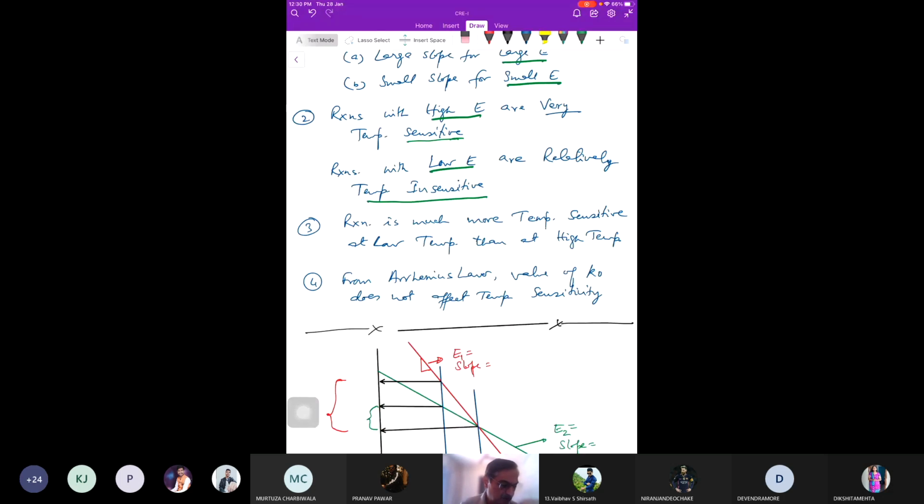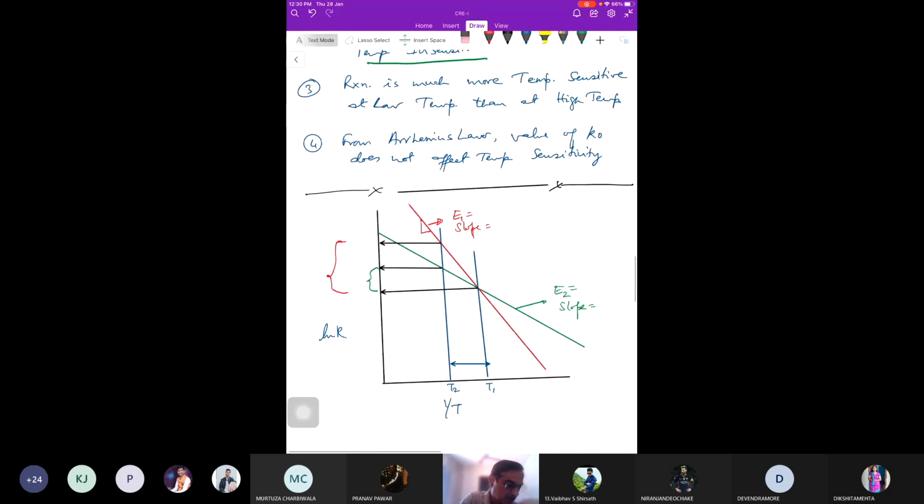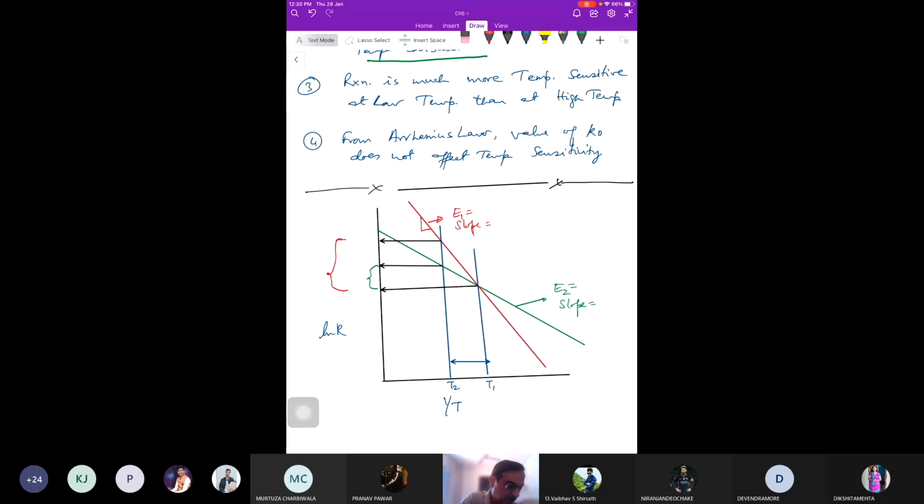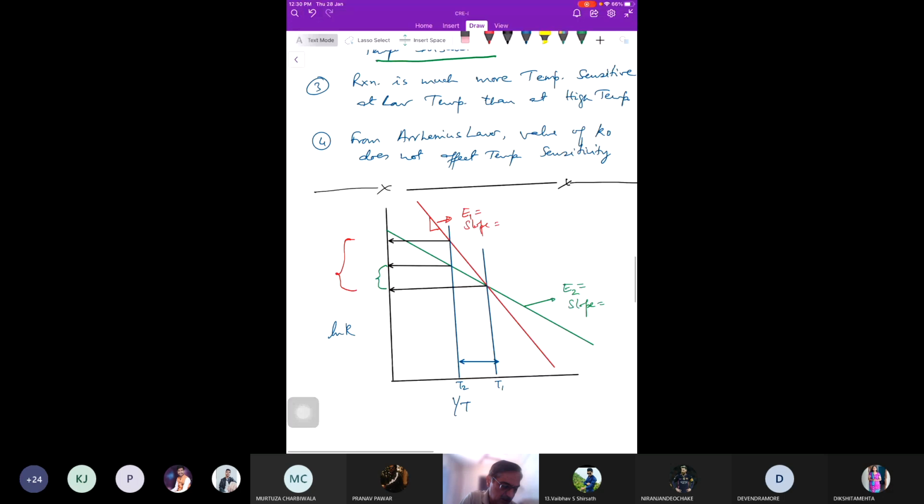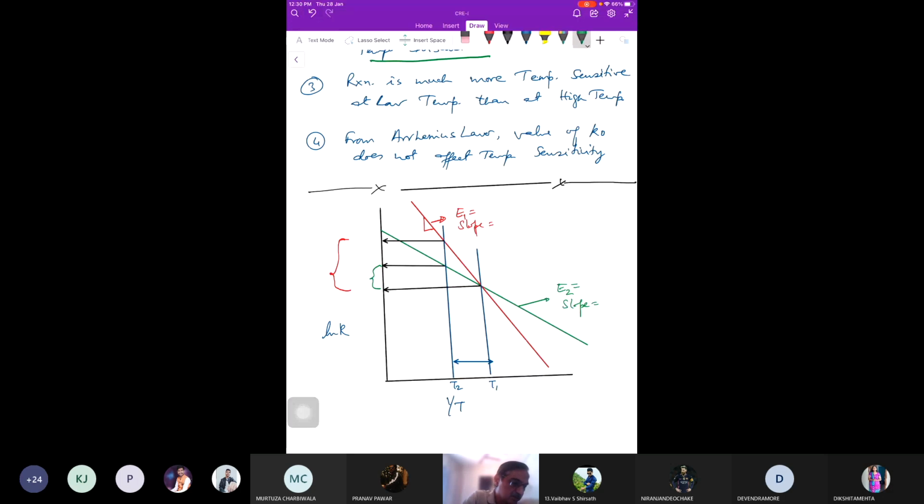And then temperature is much more sensitive at low temperature than at high temperature. We'll see that. So if you look at this plot, ln k versus 1 by T, and there are two temperatures, T2 and T1. In this case, what is the relation between T1 and T2?